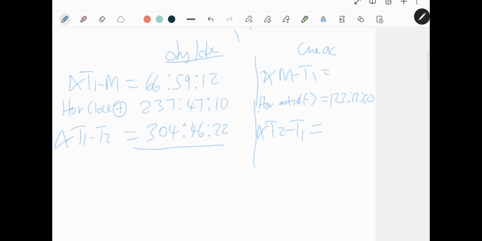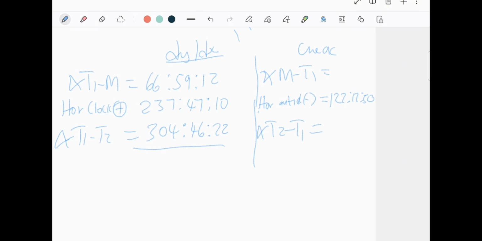Remember the difference between the forward bearing and the backward bearing is 180. Our backward bearing, 66, 59, 12, is less than 180. If the angle you have, either backward or forward, is less than 180, to find its partner you add 180.